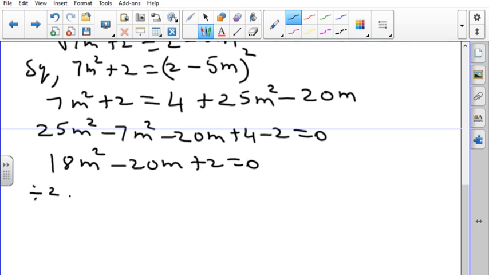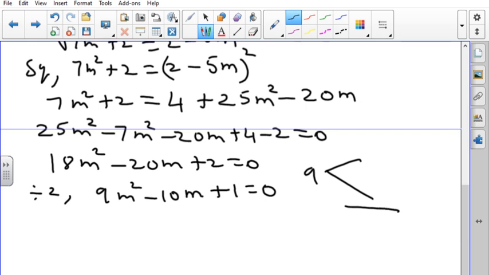Dividing throughout by 2, we get 9m square minus 10m plus 1 is equal to 0. So this is a quadratic equation. So the roots are, the product is 9 and the sum is minus 10. So minus 9 and minus 1 are the two roots.